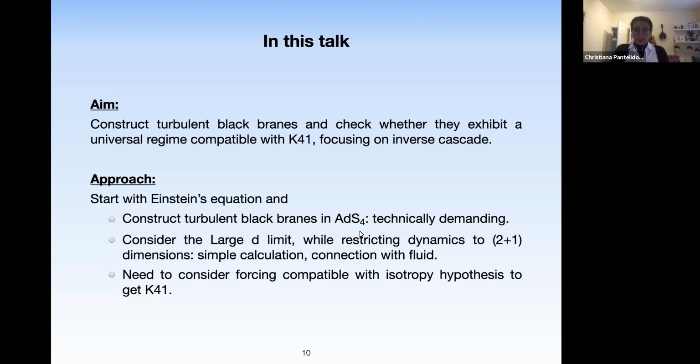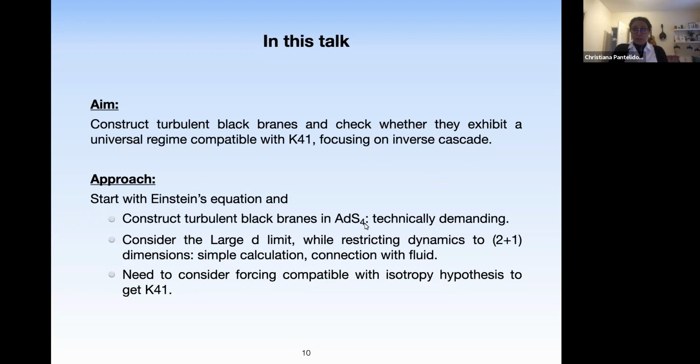Let me stress from the outset that we are doing large D. So in principle, these Einstein equations are in an infinite number of dimensions, but we are restricting our dynamics down to 2+1 dimensions because we wanted to focus on inverse cascade in 2+1 dimensional turbulence.